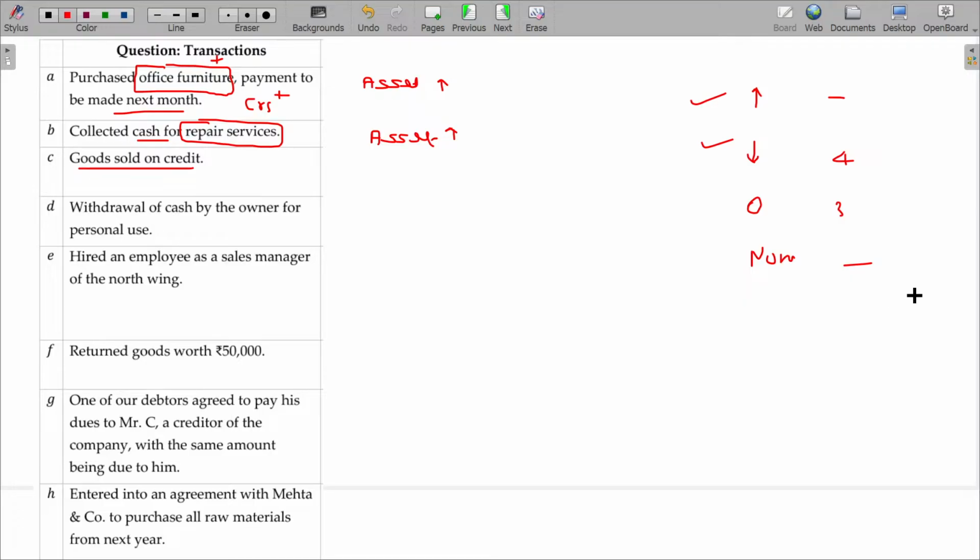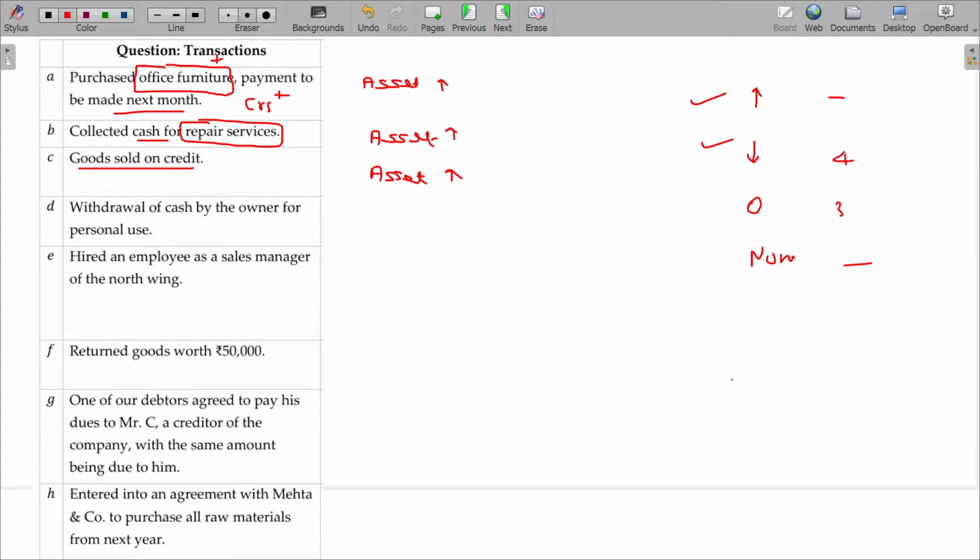Right. Goods sold on credit. Asset will increase. Clear?